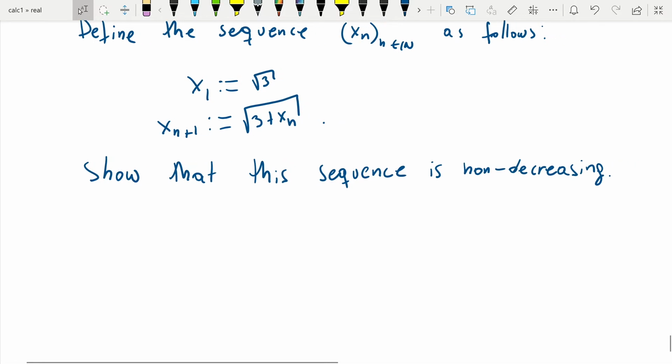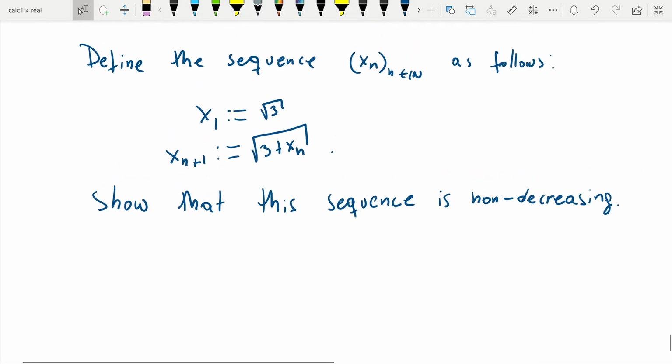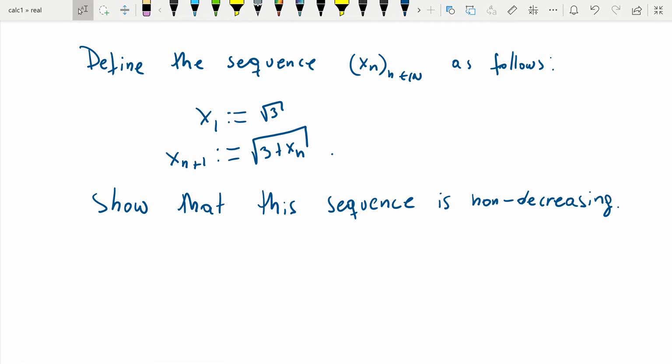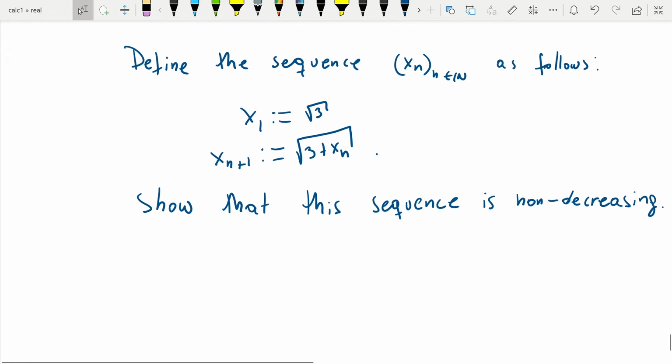Okay, so the point is the same as in the previous example. That one was perhaps not so interesting in the sense that it was an affine linear function of xn that defined xn plus 1. Here we have to deal with a nonlinearity, the square root. So that makes it more interesting from the point of view of applying the induction principle.